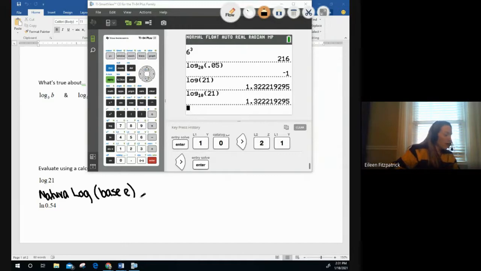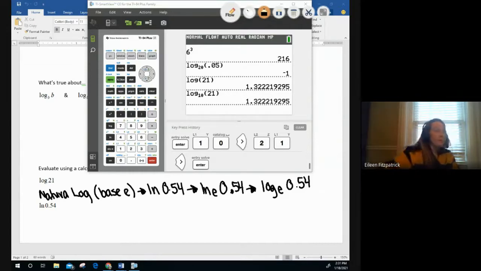Okay, so I can rewrite this a few different ways. ln of 0.54, that's the same thing as ln base e, but we just don't write it that way. You don't see the base e written there, which is actually still the same as log base e of 0.54.